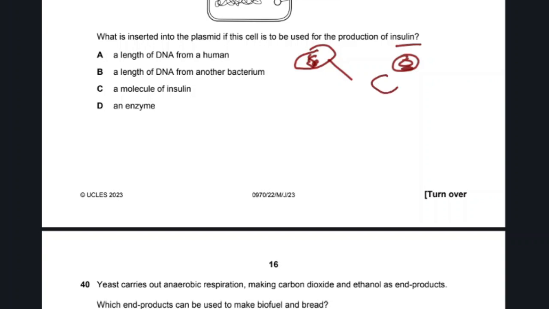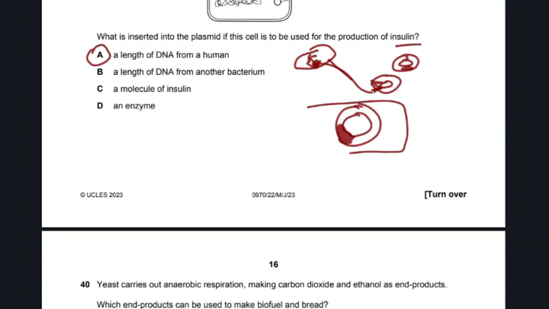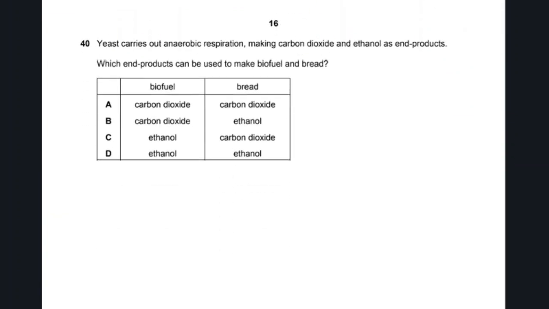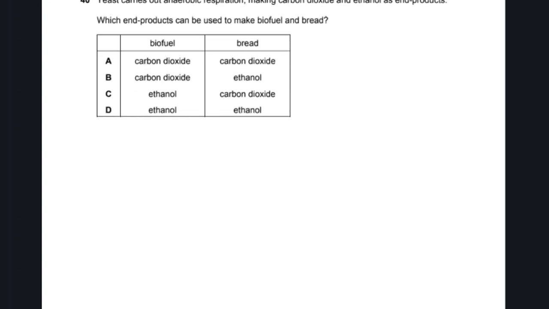We cut that plasmid and insert our gene of interest, and then we have a recombinant plasmid in which the gene for insulin production is inserted. So the length of DNA from the human is inserted into the bacterial plasmid, and this bacteria starts producing insulin.